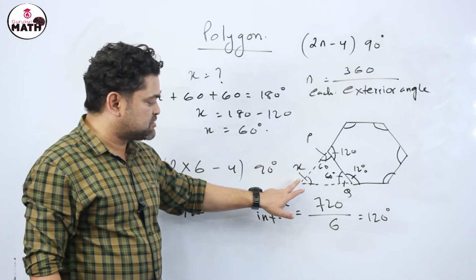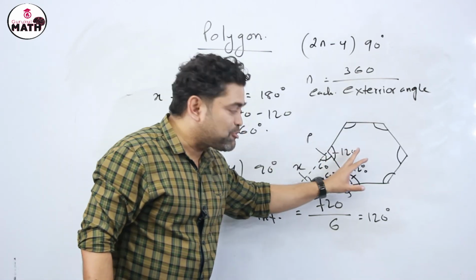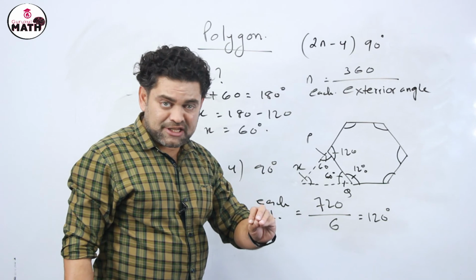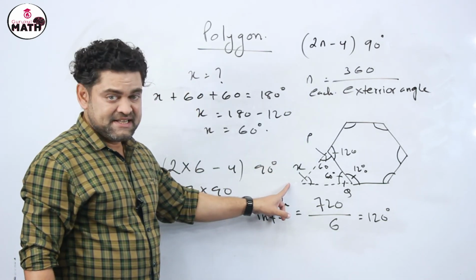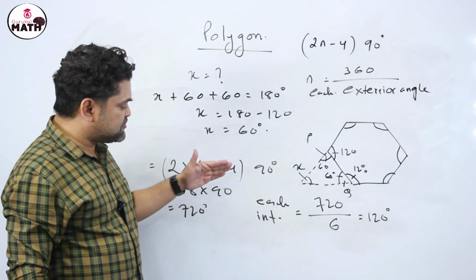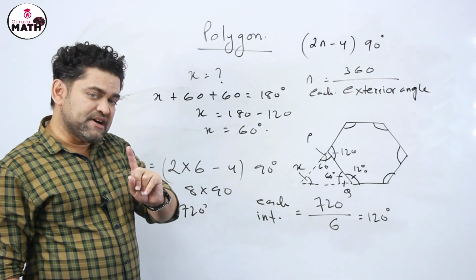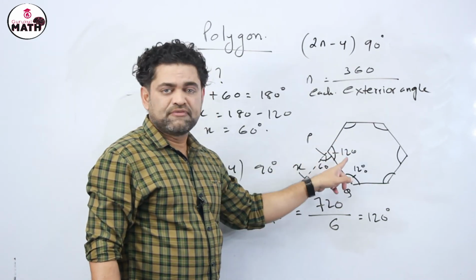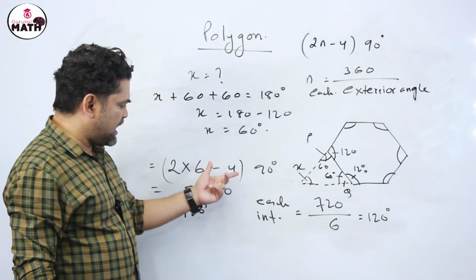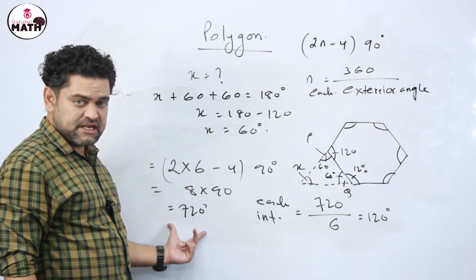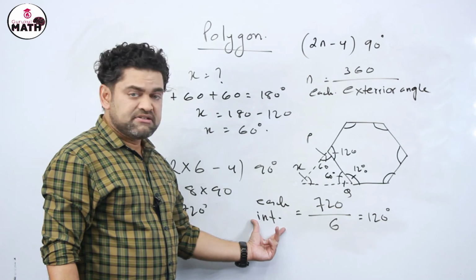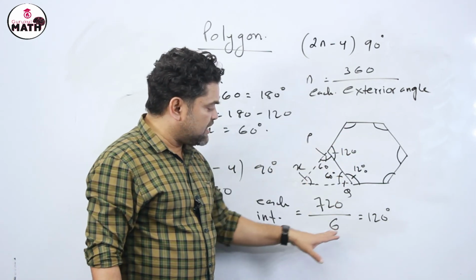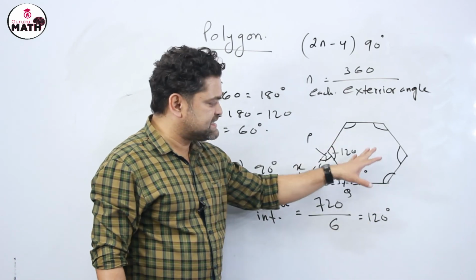My question was to find x here, not the total interior angle or the side angles. The question was only x. But to find x, I have to work in 3 stages. In the first stage, I found the total interior angle of a polygon, using the formula, which comes to 720 degrees. Then each interior angle I found by dividing by 6, as it has 6 angles.